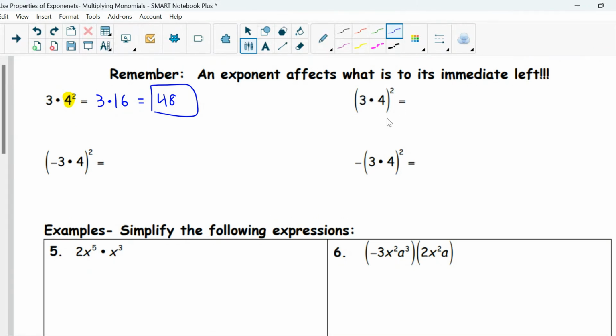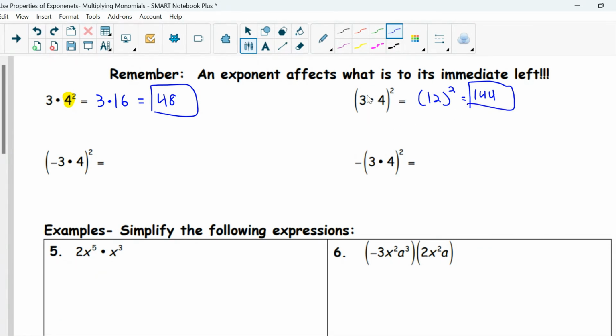Okay, when we have something like this, we could multiply inside our parentheses and then raise it to the second power. So this would be 3 times 4, which is 12 squared. 12 squared is 144.